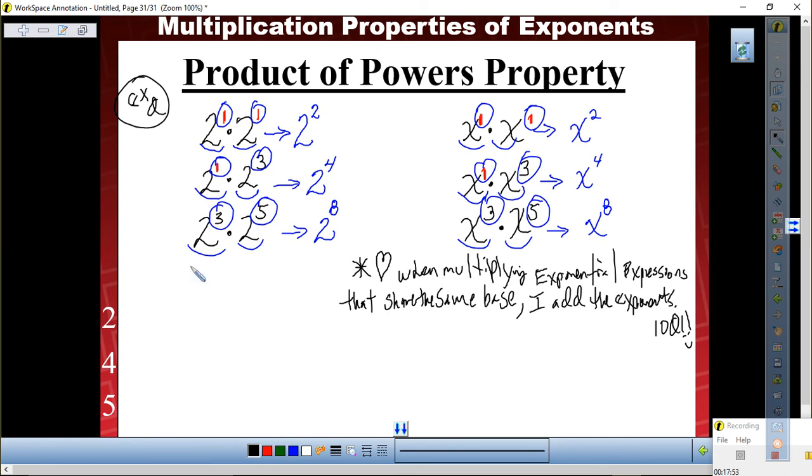Let's do some practice, but now I'm going to mix it up a little bit. Here it goes. Example, super Q. 2 to the 4th times x to the 5th times 2 times x to the 6th.